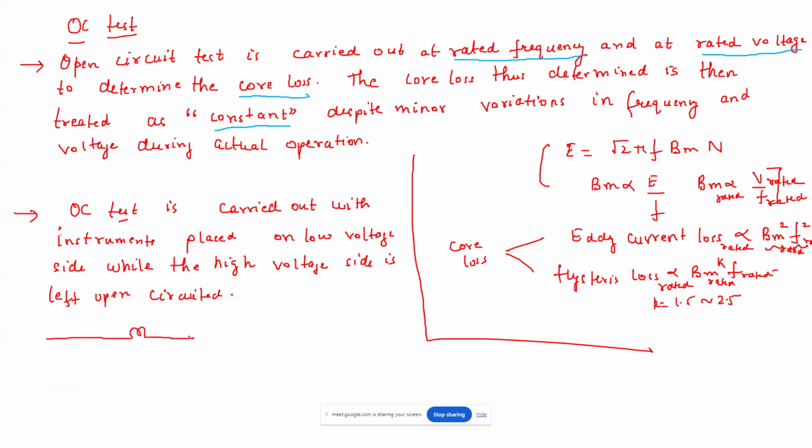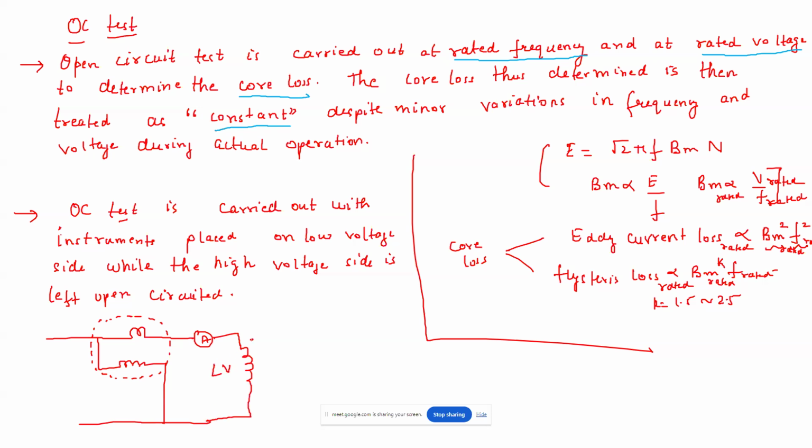So this is your wattmeter. Now here we have the ammeter. Then this is your transformer, this is the transformer low voltage side.